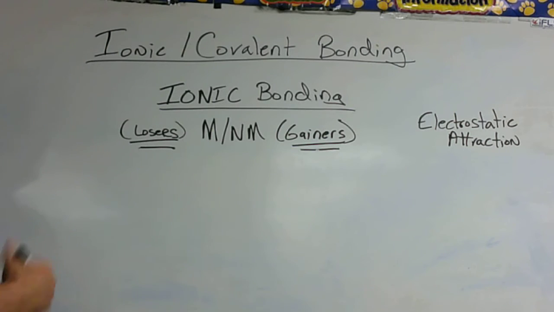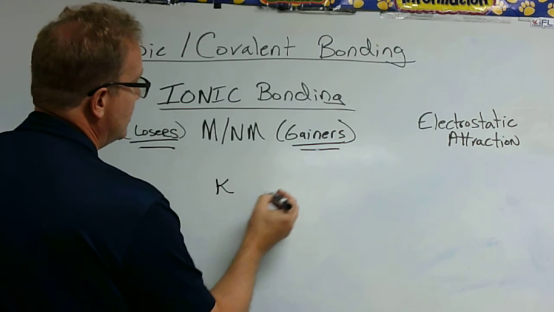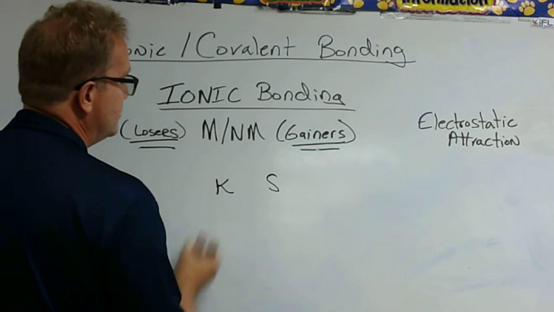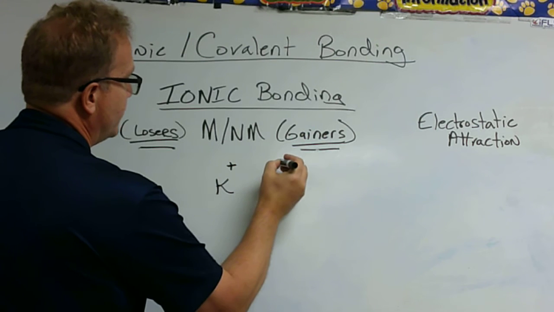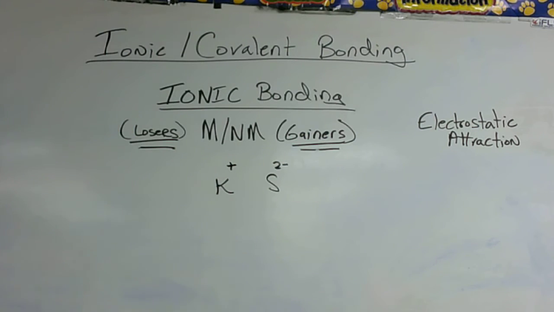Let's go with one that's not really the 1-to-1 relationship. Let's go with K and S. This one has a positive charge. This one has a -2 charge.